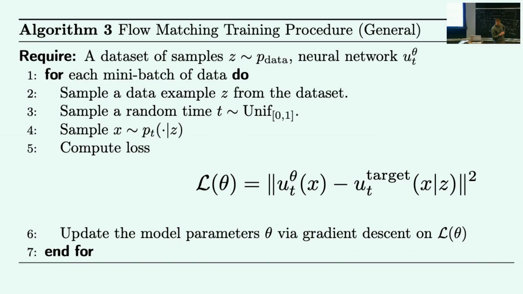I'm just curious, in this procedure where you're sampling t at random every time, have people tried different training strategies where they don't sample t uniformly but kind of build up the path incrementally? Does that work better or worse? Yes, great question. So just repeating the question real quick: what about other sampling strategies than uniform?